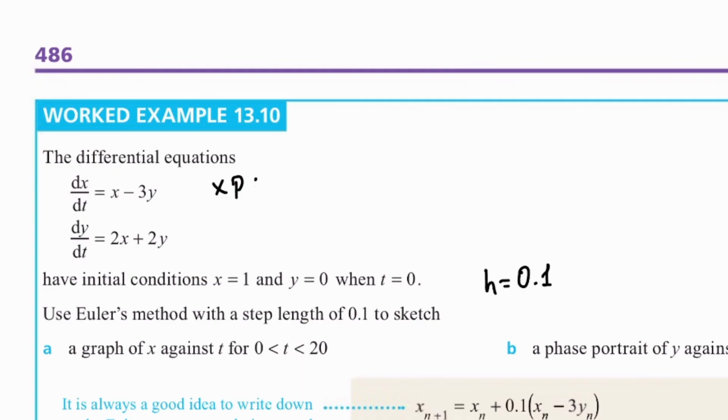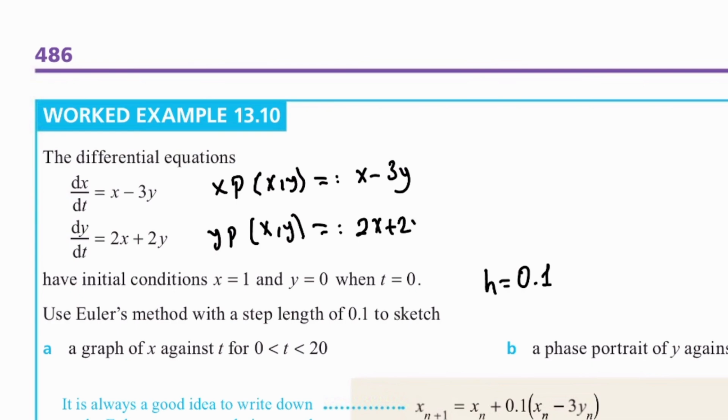This function consists of x and y, not only x. I'm gonna define it as x minus 3y, and yp as 2x plus 2y. I need to define those functions, and also h.